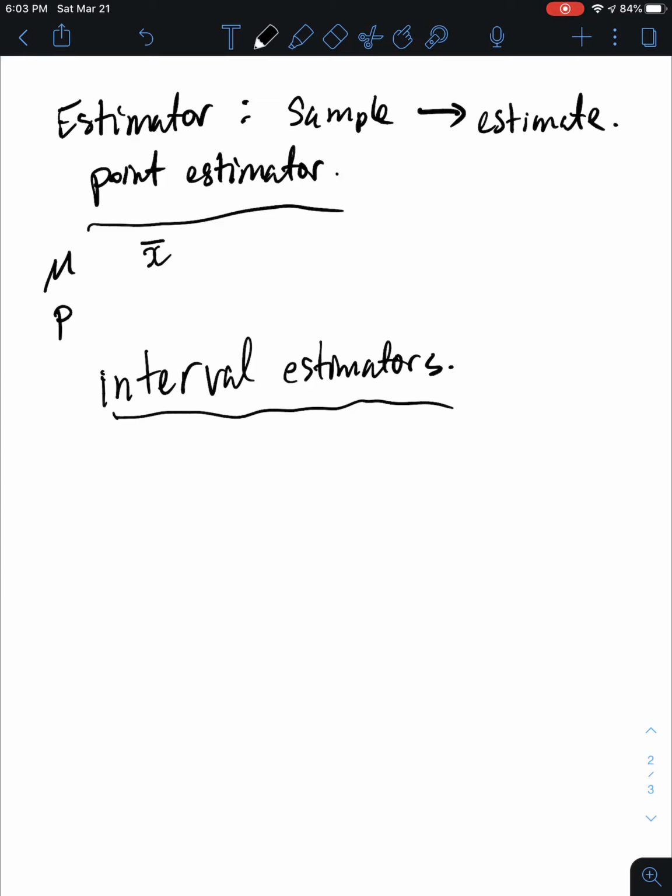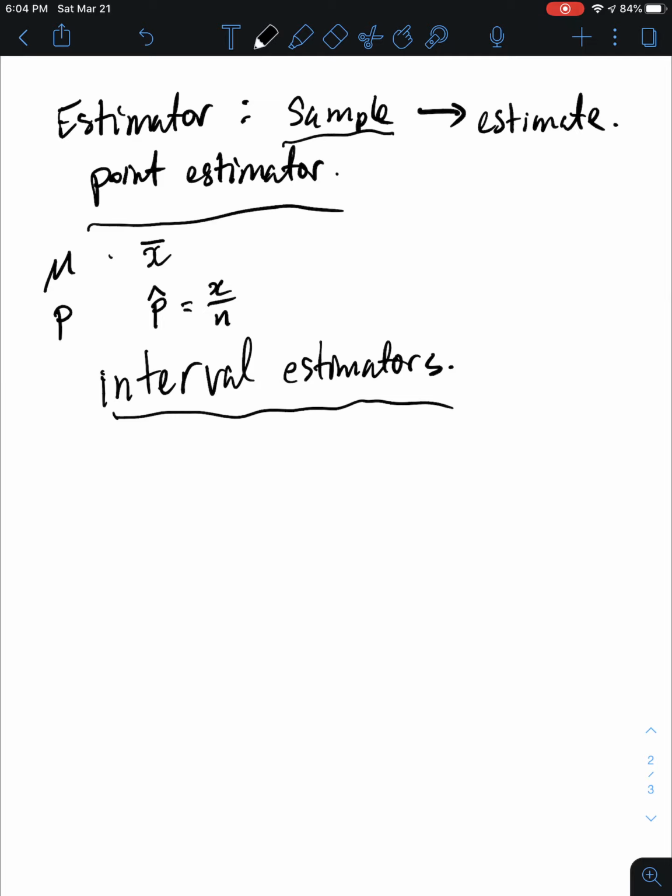So what this says is that I find my sample. I take the sample mean. So whatever number I'm measuring, I record that, and I take the average, the sample mean. I get x bar. I'm going to say that is my estimate for mu. So that is an example of a point estimator. An example of a point estimator for p is p hat. P hat is x over n.